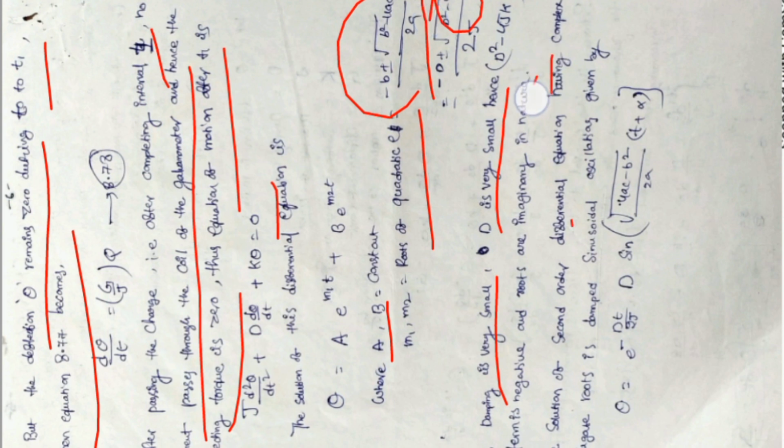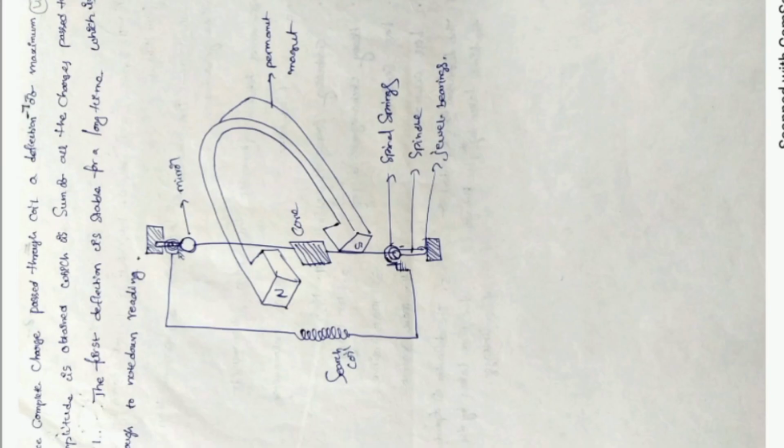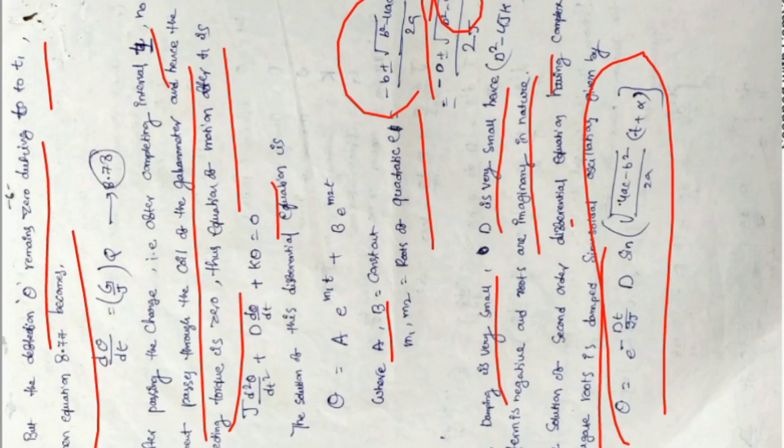From that, the solution of the second order differential equation having complex conjugate roots, that is a damped sinusoidal oscillation, is given by theta equal to e power minus D t by 2J, sine of square root of 4ac minus b square by 2a, t plus alpha. This is the equation of motion regarding the ballistic galvanometer.